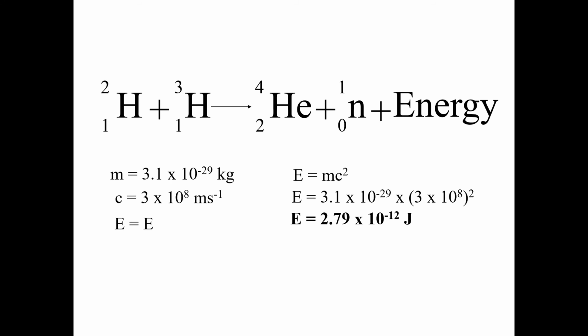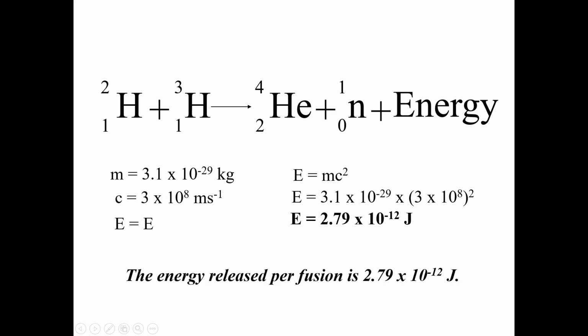When you combine these two light nuclei, this much energy is released during the fusion. In other words, 2.79 × 10^-12 joule of energy is released for fusion.